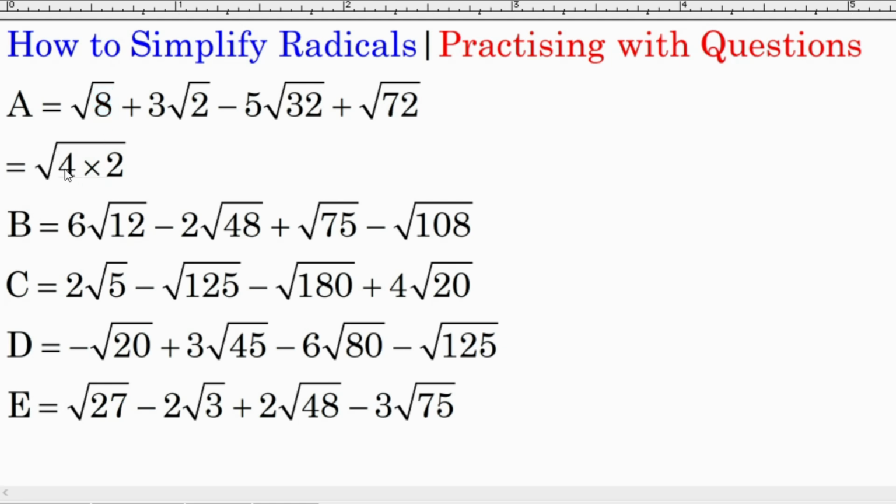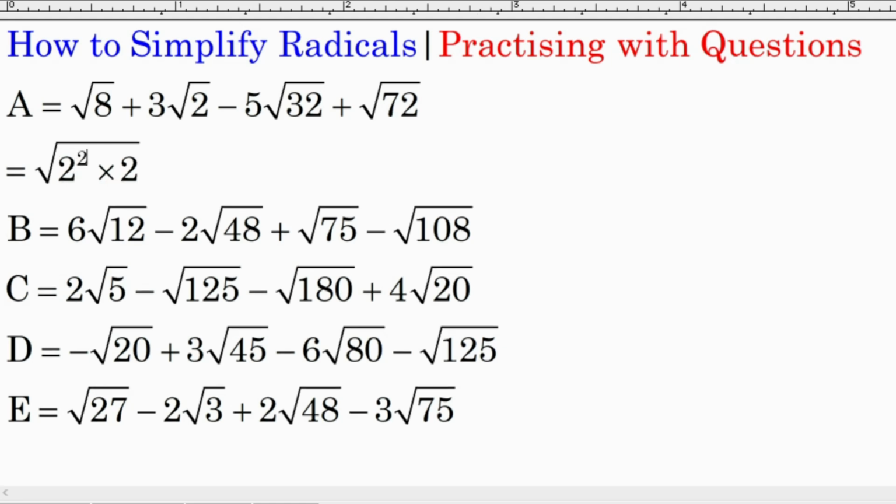As we already know, 4 is a perfect square, and we can write 4 equal to 2 squared here. Let's move to the next step. We have to plus this one here. We cannot do anything with this one, so we just keep it the same.